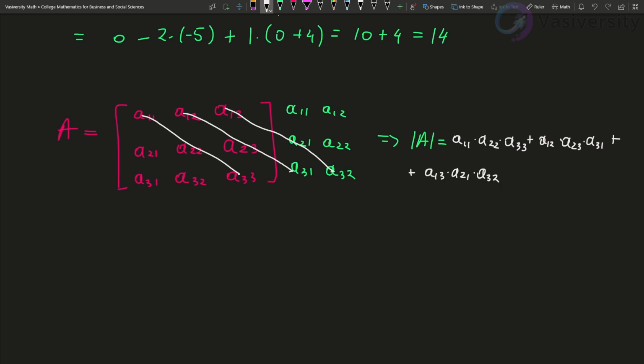And then we're going to do the minus: A31 times A22 times A13, A32 times A23 times A11, A33 times A21 times A12. So it's minus A31 A22 A13, minus A32 A23 A11, minus A33 A21 A12.